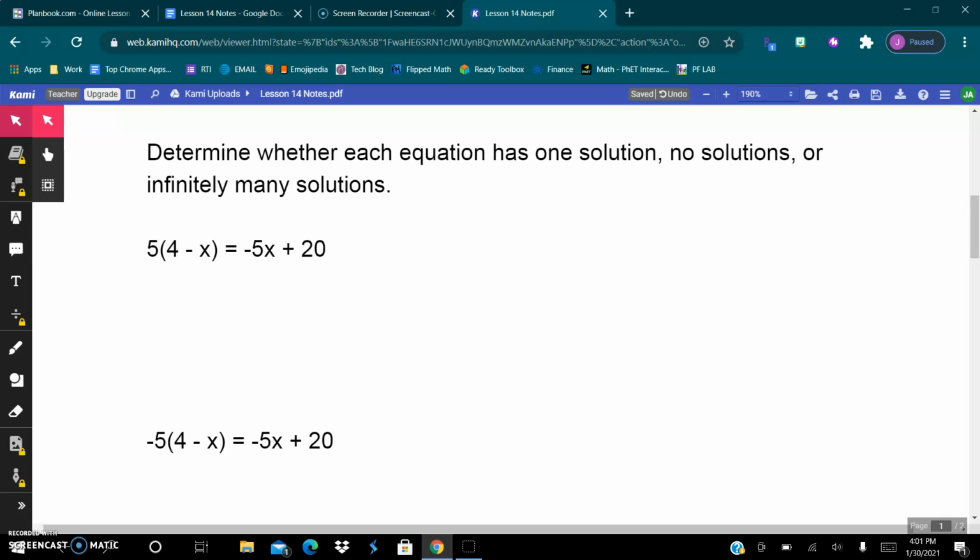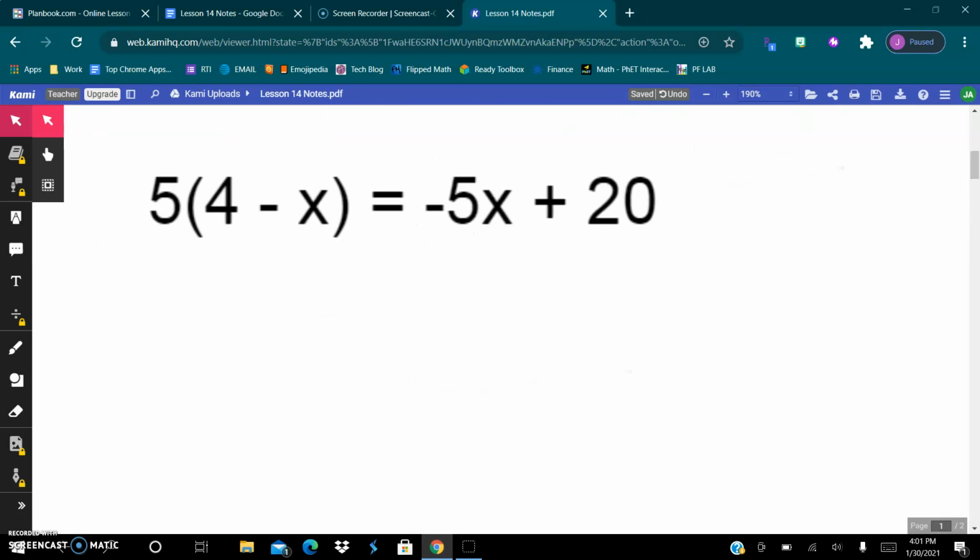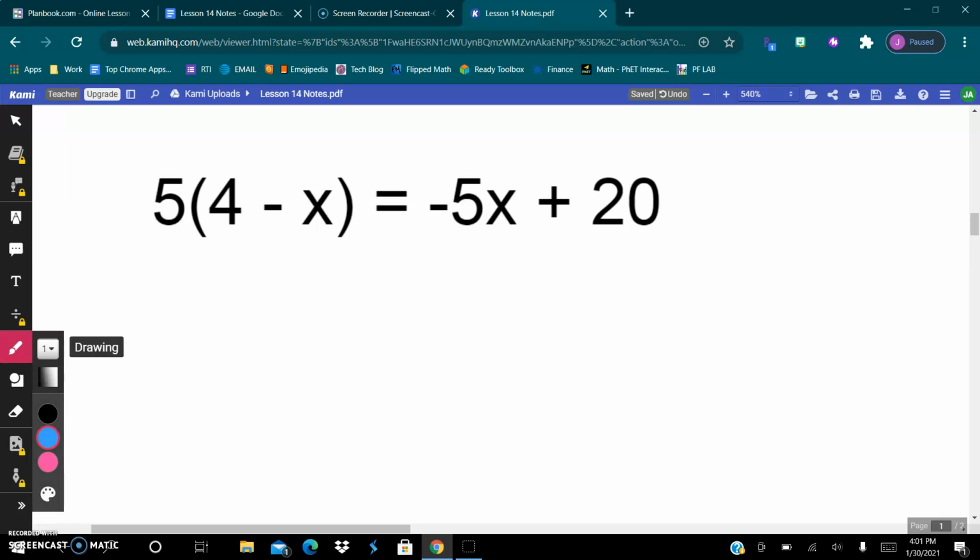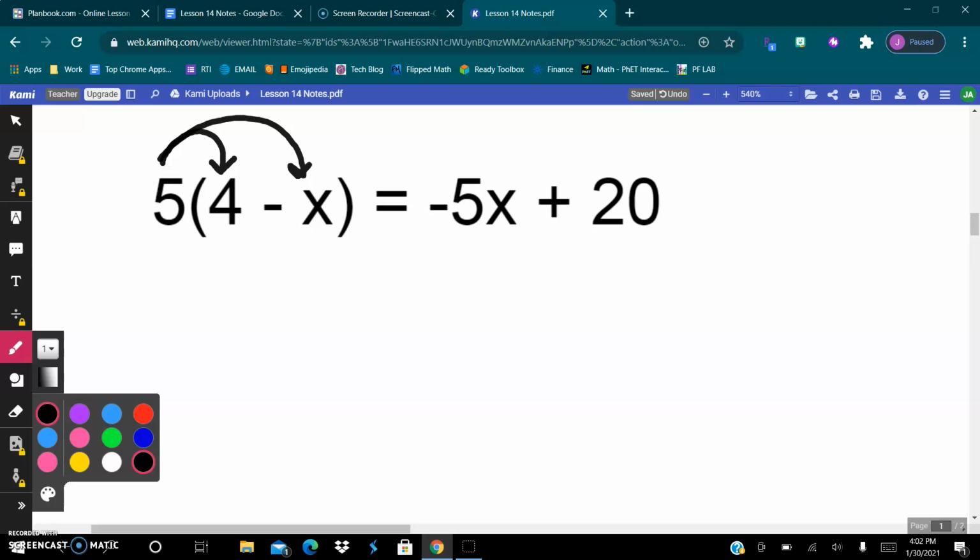All right, the next one, I guess, determine whether each equation has one solution, no solutions, or infinitely many solutions. So we have to solve them. So for this one, we are going to distribute this 4 first. And then remember the equal sign is our barrier. So 5 times 4 is 20, and 5 times negative x would be negative 5x.